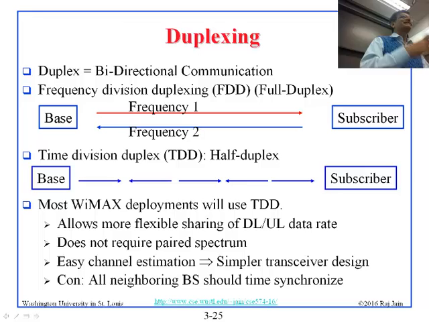So TDD is what we need for tomorrow's network. For yesterday's network, where we were all talking on the phone, it is 50-50. I talk 50, you talk 50. If you talk 100, then we're not very good friends. So basically it is 50 coming down, 50 going up. In video, it is not the case.